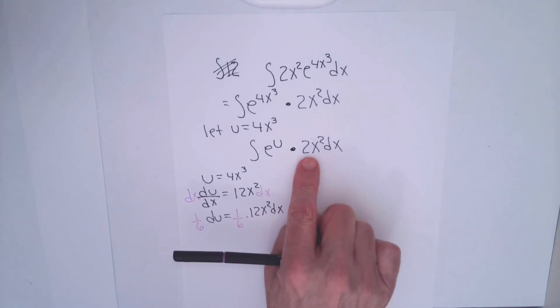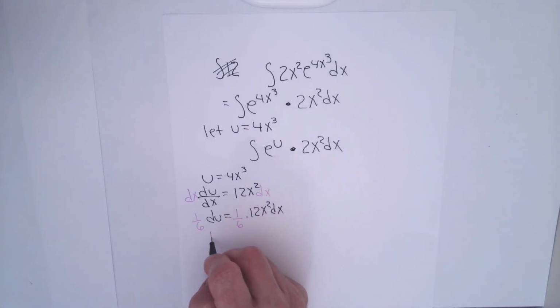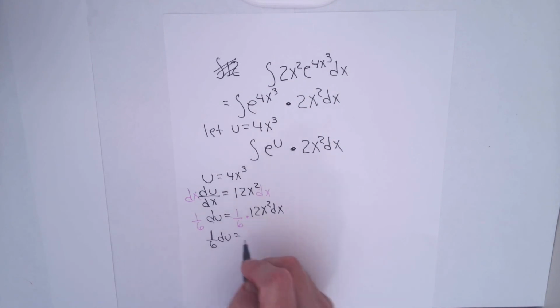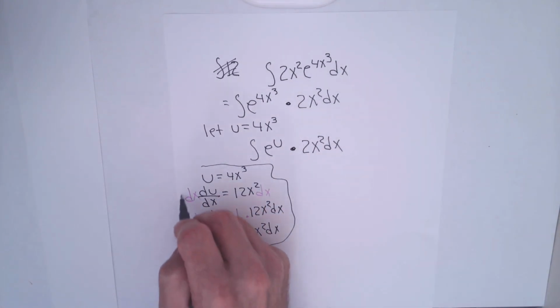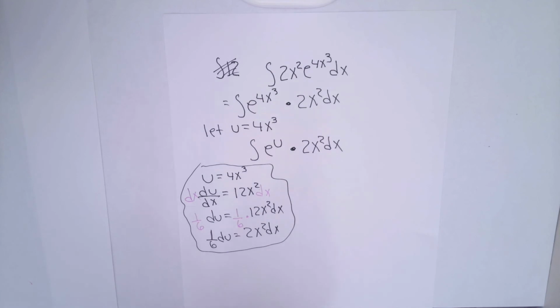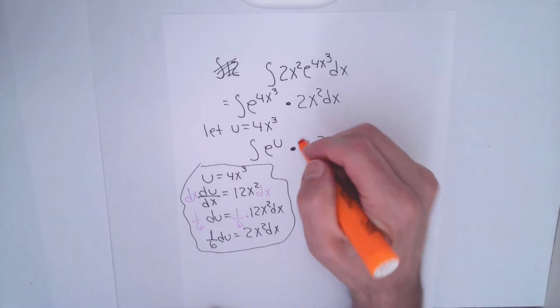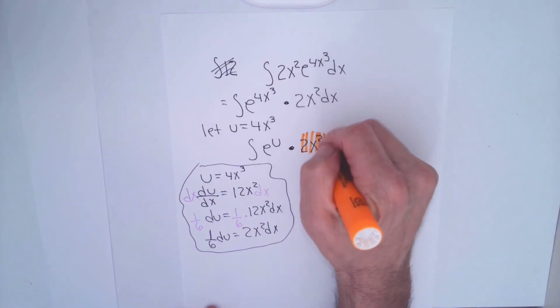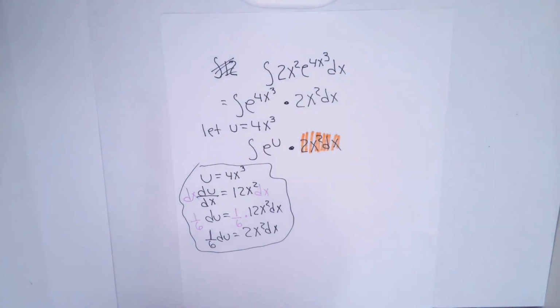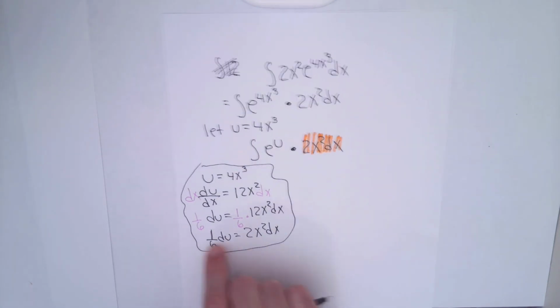This gives me 1/6 du equals 2x squared dx. This is a good place to be. All the hard work is manipulating to get the x part to match up with the x part that's left. Now these match. I know exactly what I can replace 2x squared dx with: I can replace it with 1/6 du.